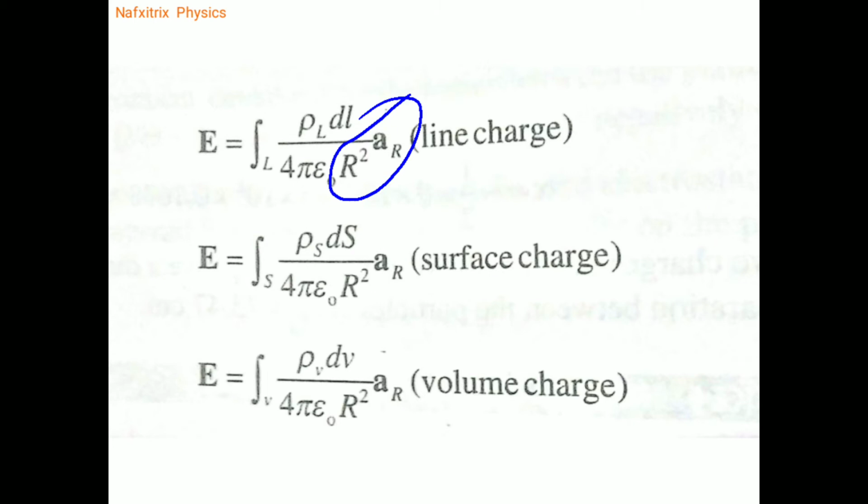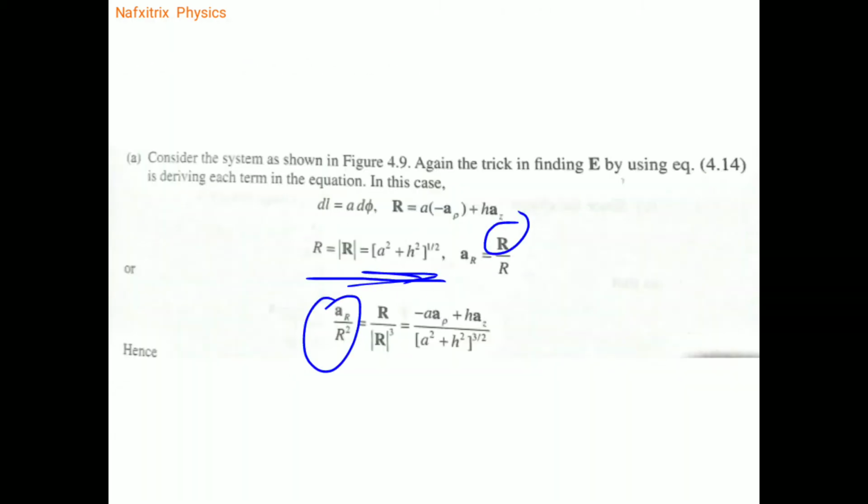Hence aR by R square, that means the vector R by R divided by R square, is nothing but vector R by R cube.